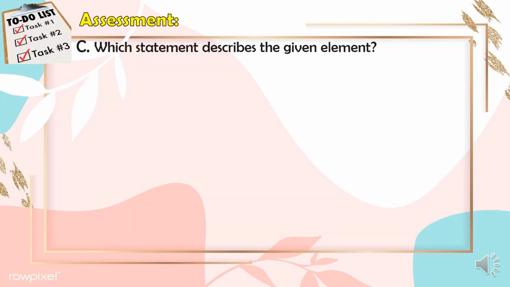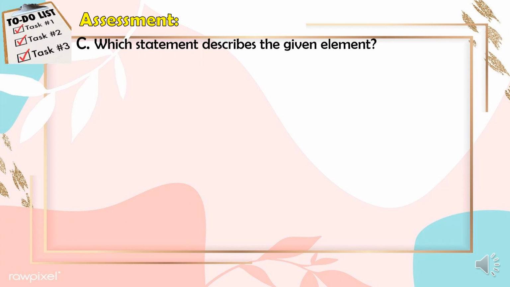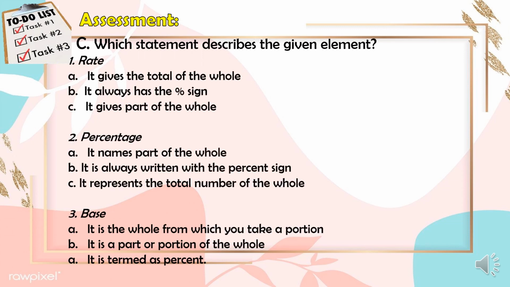So let's move on to letter C, which statement describes the given element. For number 1, that is rate. Letter A, it gives the total of the whole. B, it always has the percent sign. Or C, it gives part of the whole. And number 2, percentage. A, it names part of the whole.